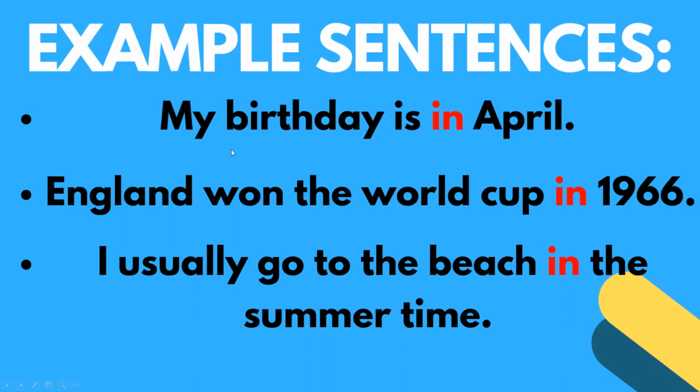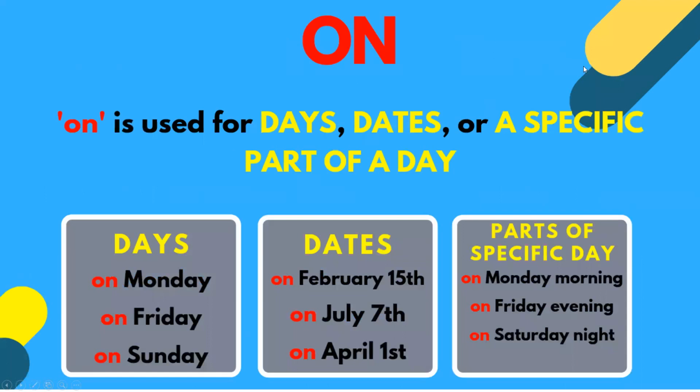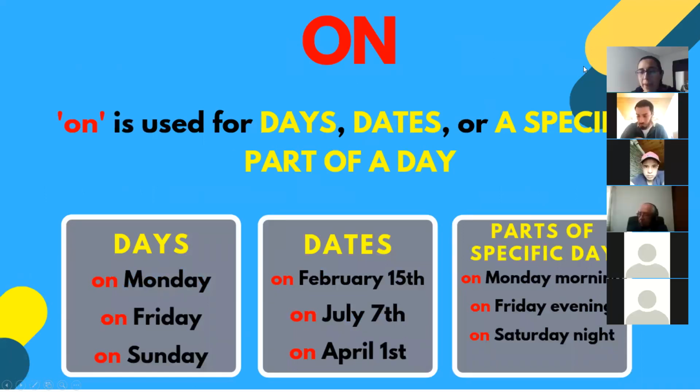Okay, now, let's see the preposition on in this case. The preposition on is used to mention, in this case, the days of the week, right? So you say on Monday, on Tuesday, on Wednesday, on Thursday, on Friday, on Saturday. Always we use on with the days of the week, right?